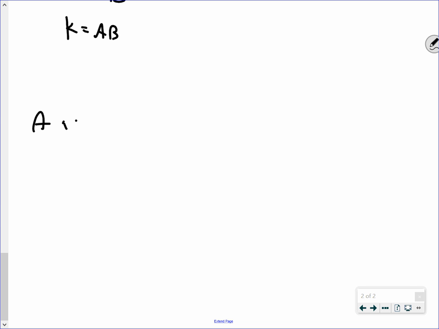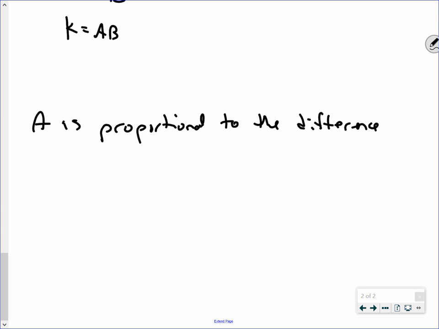And one other one: A is proportional to the difference between B1 and B2. Okay, so I'm going to start with this part.